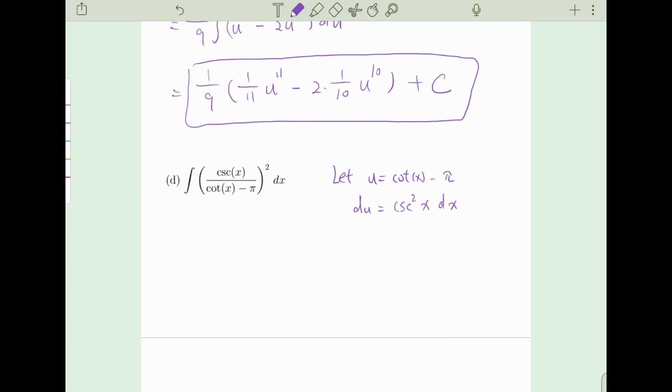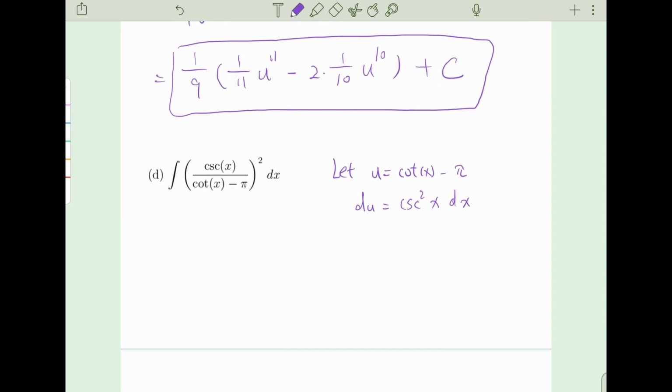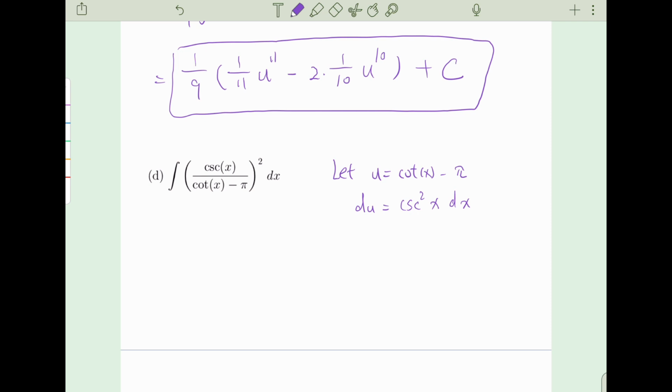So now we can see that by doing that, we can replace the dx with 1 over... let me just write this separately. So CSC square x divided by cotangent x minus pi squared dx.